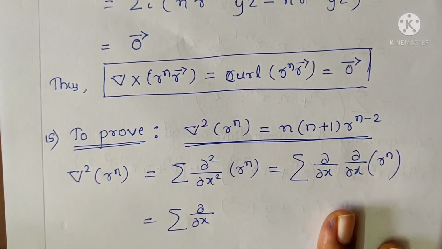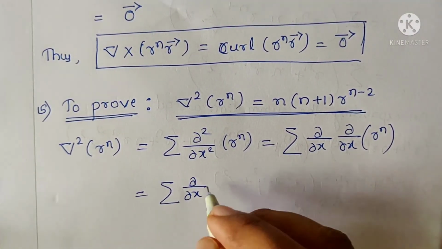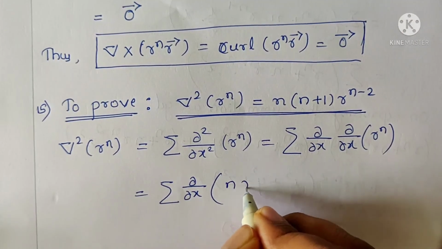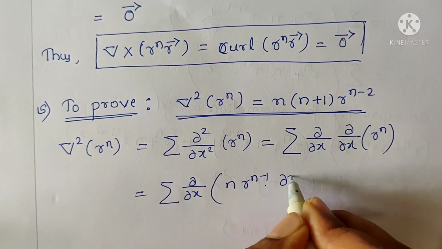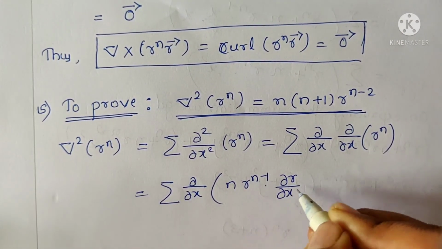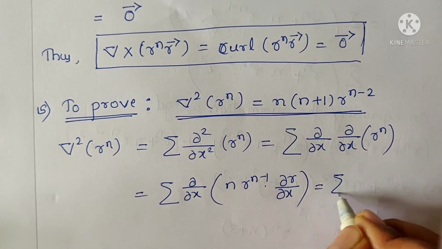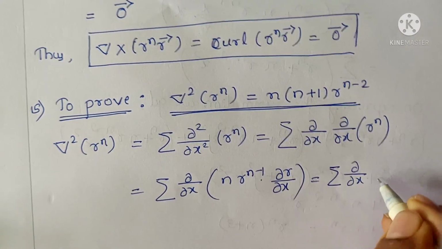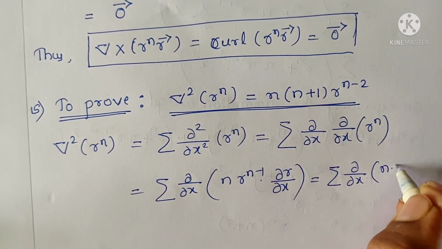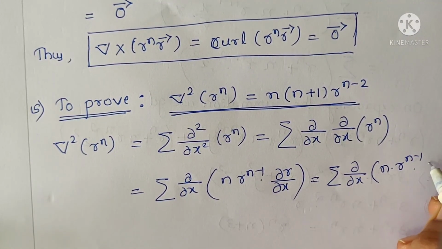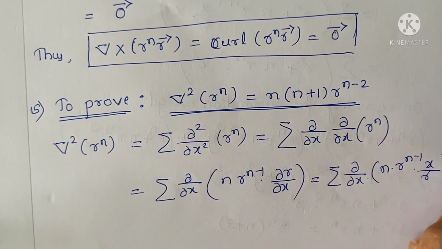Now first differentiate one time. Dou by dou x of r raised to n is what? n into r raised to n minus 1 dou r by dou x. So this is summation dou by dou x of n into r raised to n minus 1, and dou r by dou x is x by r.